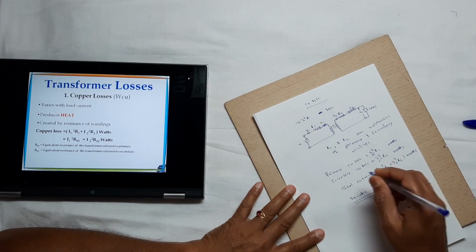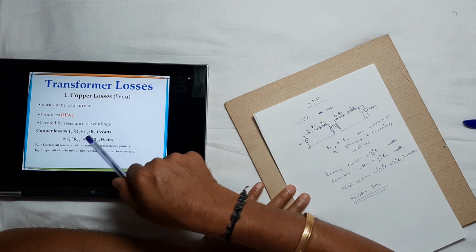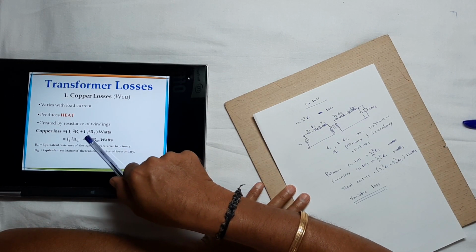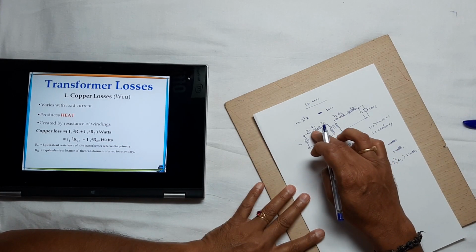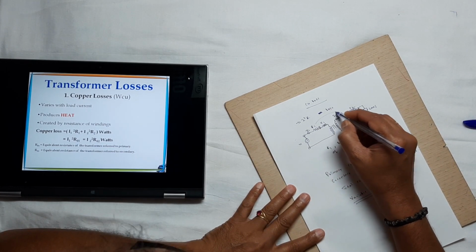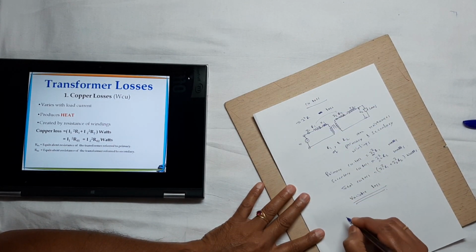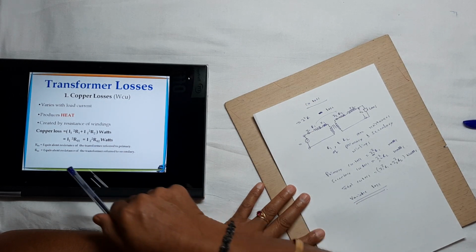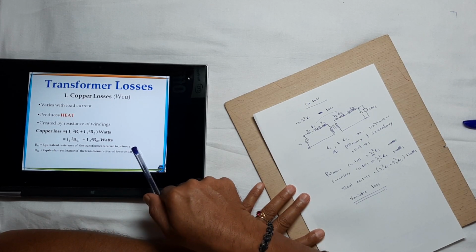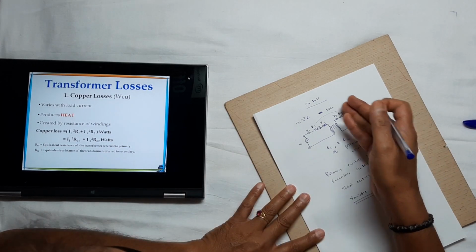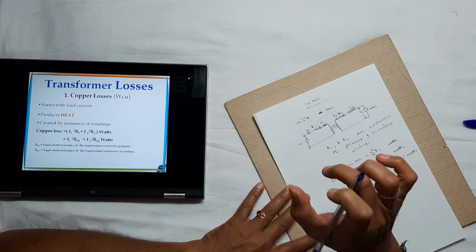Whenever a loss occurs, it produces heat. I told you it is created by resistance, that is I1 square R1 plus I2 square R2 is the total copper loss. Suppose the resistance is transferred to either the primary side or the secondary side, then it is called equivalent resistance. RO1 is the equivalent resistance of the transformer referred to the primary side. Means R2 is brought to the primary side, and then they find the total resistance.